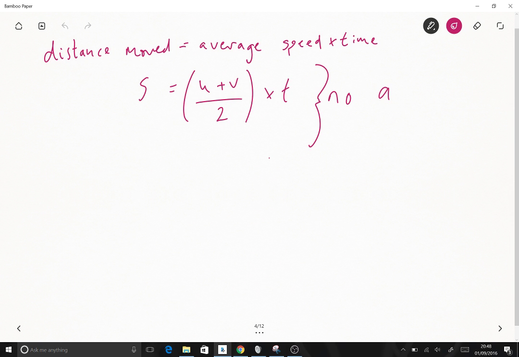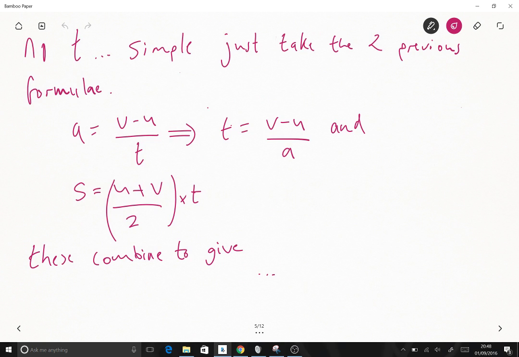Why is no a term useful? Because sometimes you might not know or care about acceleration. So, we move on. Now with those 2 basic equations, you can get the rest of your equations, and all of these equations will have one of the particular variables missing.